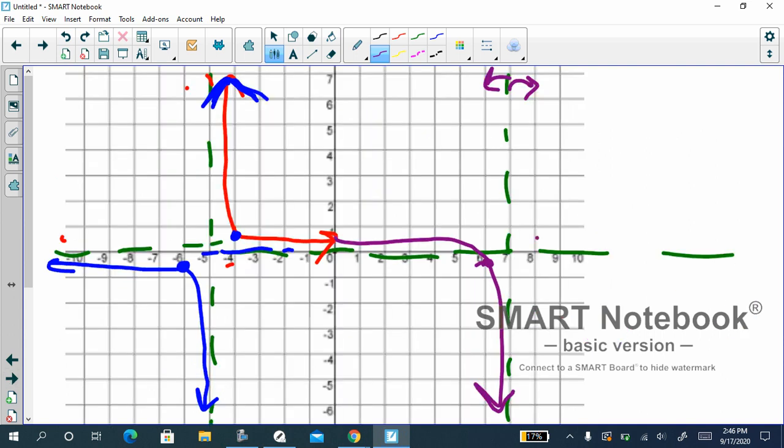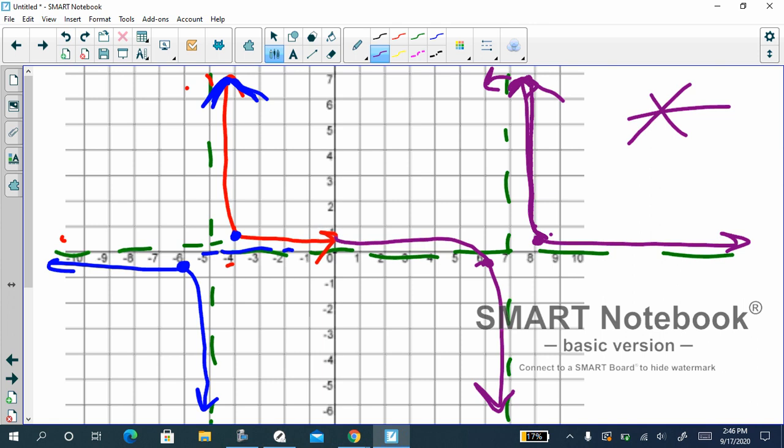So that's 8, and then up 3/13. So it looks like we're going to be going this way. We're in this region because our point is here, so we're going to follow our boundaries like that. So by testing points on each side of the vertical asymptote, we were able to see on the left side, since we were negative, it looked like we were going down. On the right side, we were positive, so it looked like we were going up.